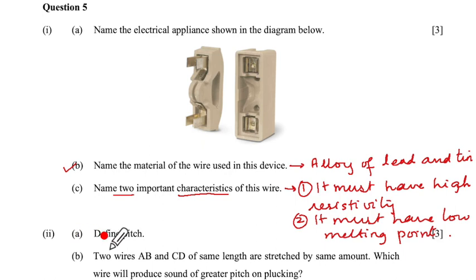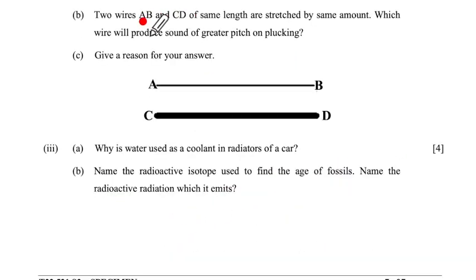Let's come to the third part, define pitch. This again is a definition you can find in any of the textbooks. Let us move to B part. Two wires AB and CD of same length are stretched to the same amount. Which wire will produce the sound of greater pitch by plucking it? And give reason for the answer. Now both of these are stretched, but you will see that this one AB is the thin wire and we have CD, which is the thicker wire.